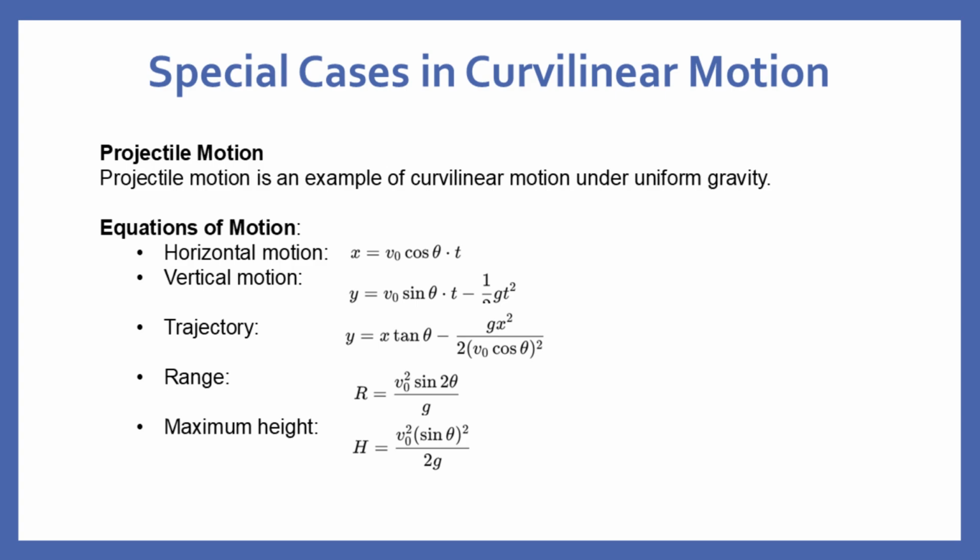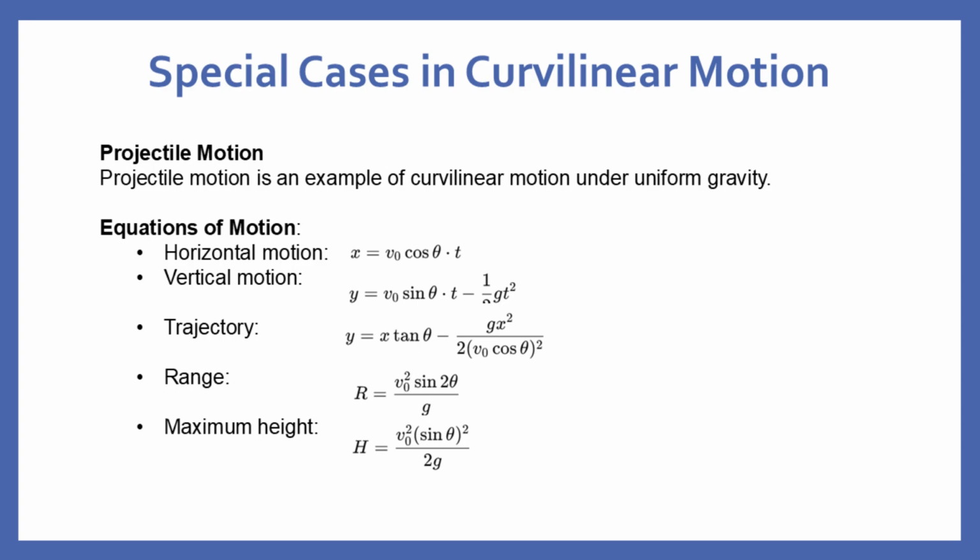Projectile motion is where physics gets truly exciting. Imagine a cannonball launched into the air or a basketball arcing towards the hoop. This is a perfect example of curvilinear motion under uniform gravity. What makes it magical is how we can predict exactly where an object will land by breaking its motion into horizontal and vertical components.